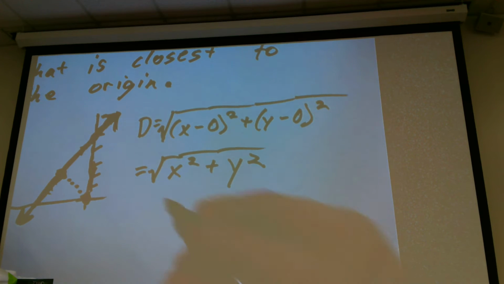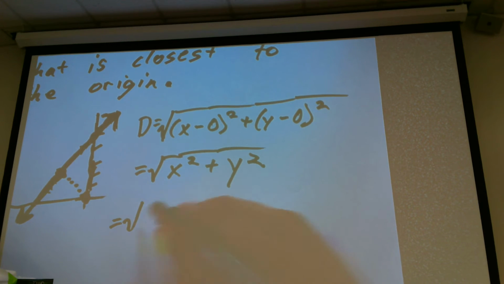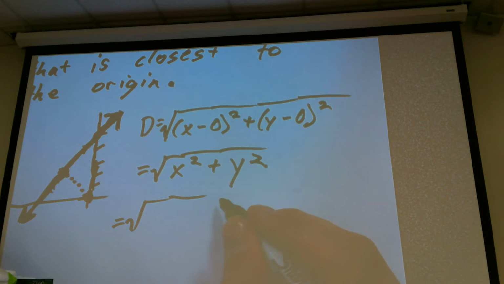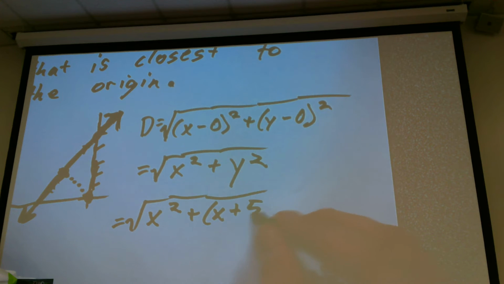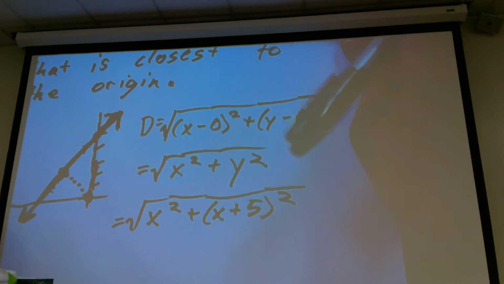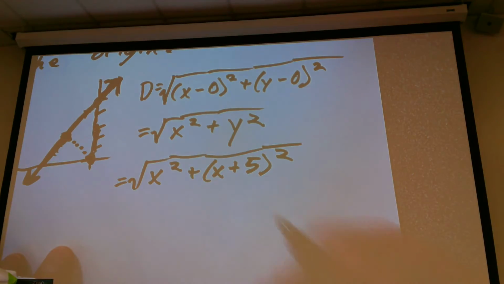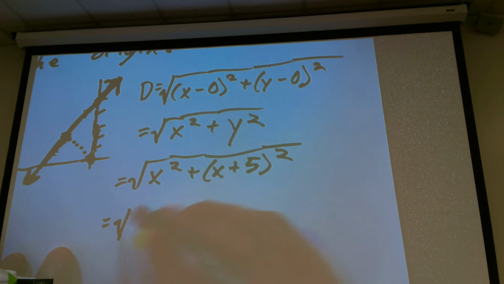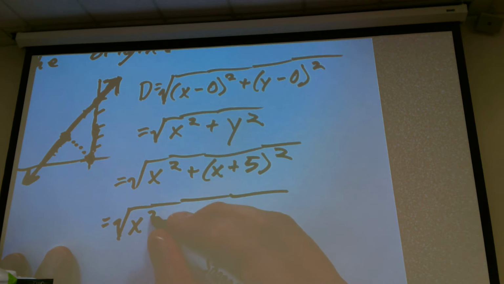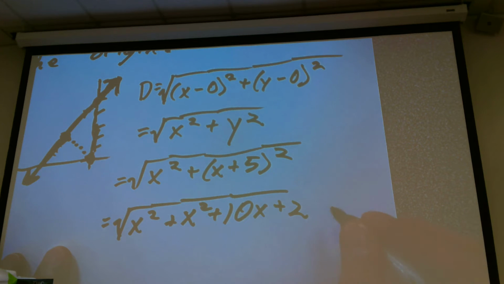So that would be the square root of x squared plus x plus 5 squared. Great. All right, now let's do some simplification. That would be the square root of x squared plus x squared plus 10x plus 25.